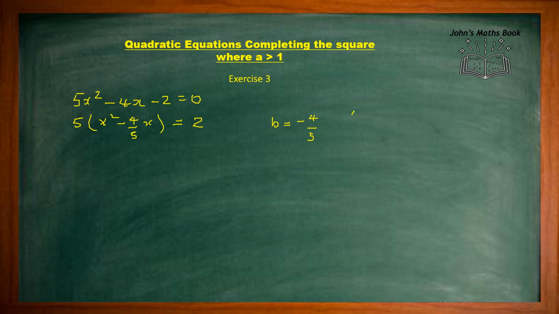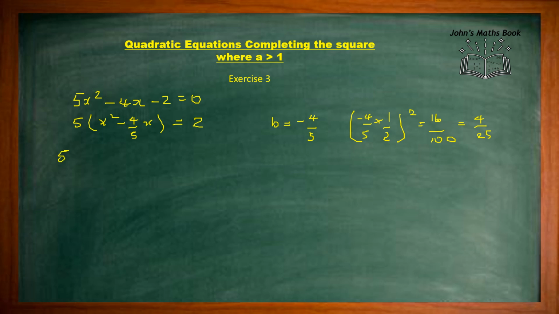So minus 4/5 times a half all squared, that gives 16 over 100. Divide 4 into the numerator and the denominator, you get 4/25. So let's add that to both sides of the equation.